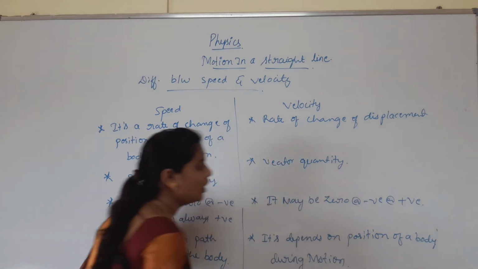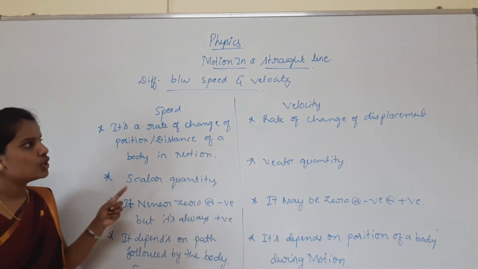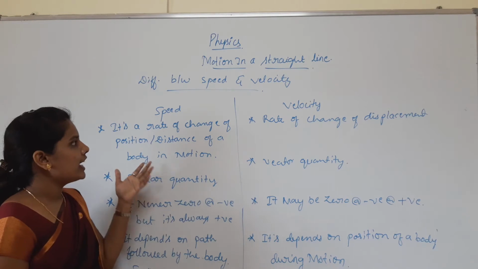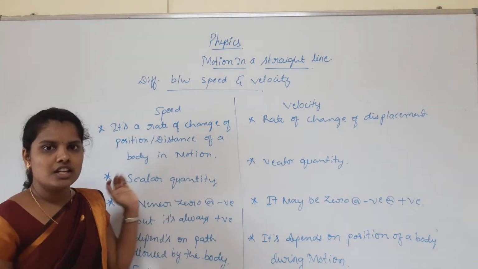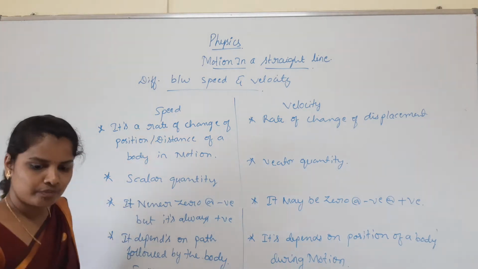These are the common differences between speed and velocity. Except for this, the SI unit and dimensional formula are the same for these two quantities.